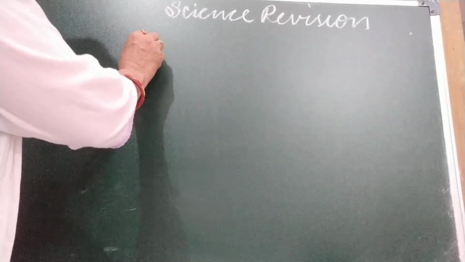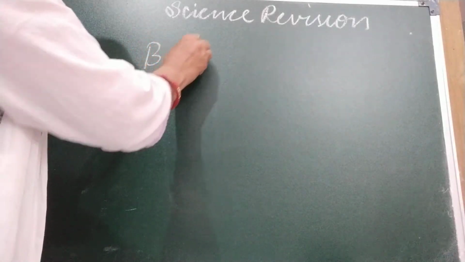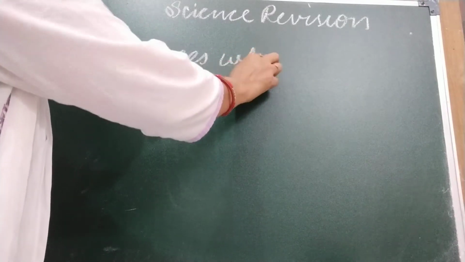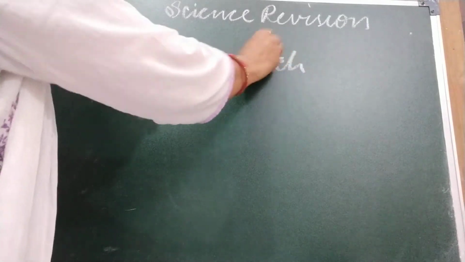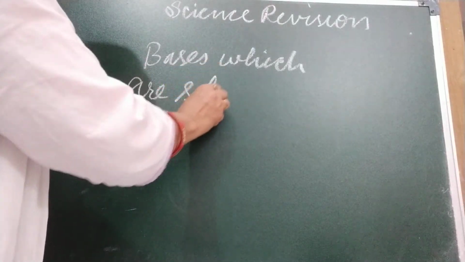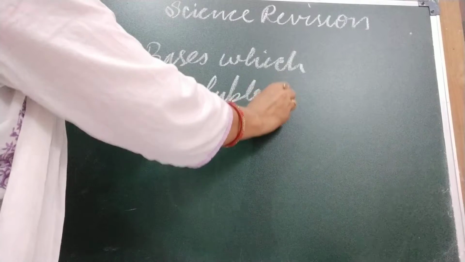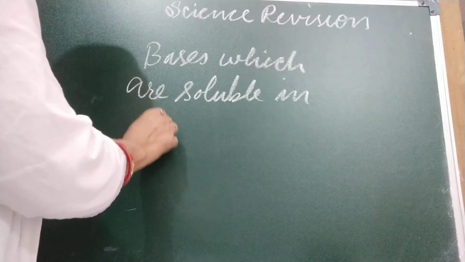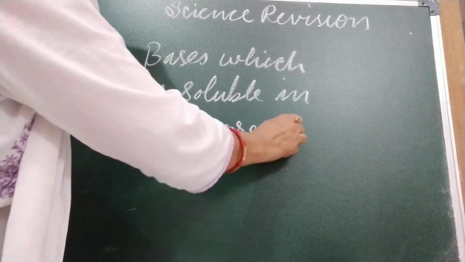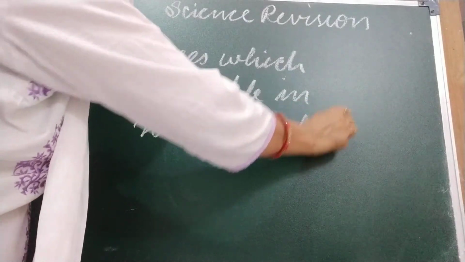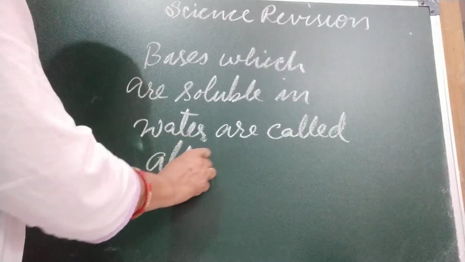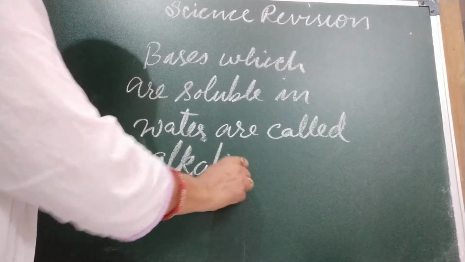Bases which are soluble in water are called alkalis. All alkalis are bases, but all bases are not alkalis.